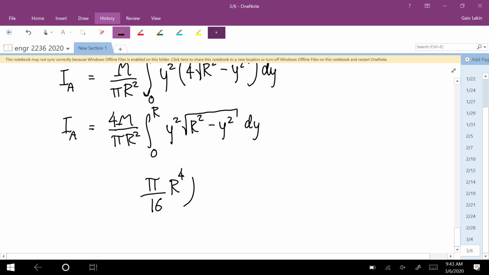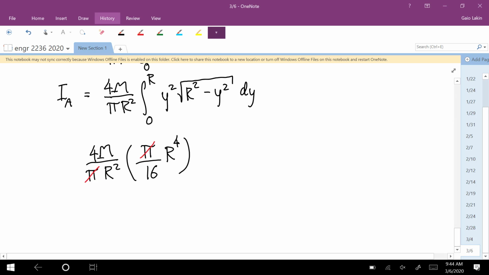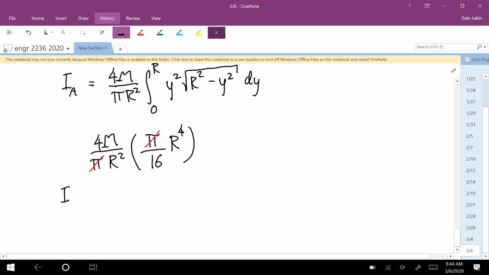Yeah, so this is multiplied by 4m over pi r squared. Those cancel, and you come up with an answer of 1/4 mass times r squared.